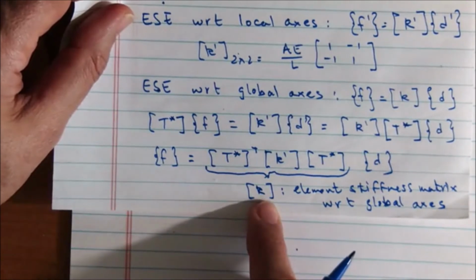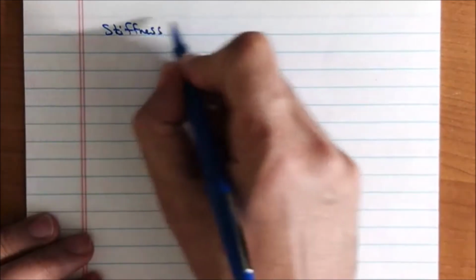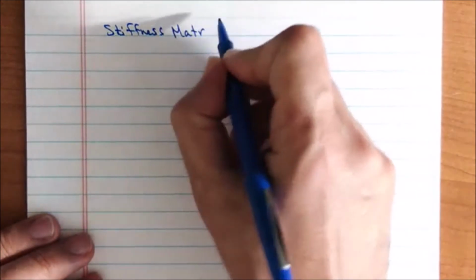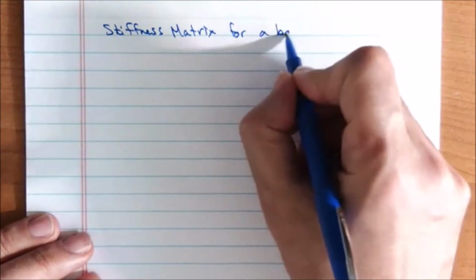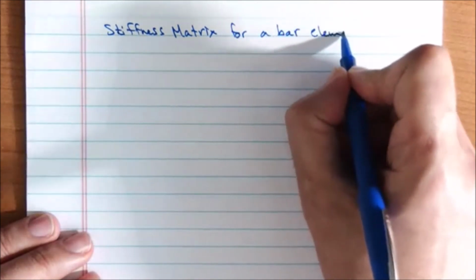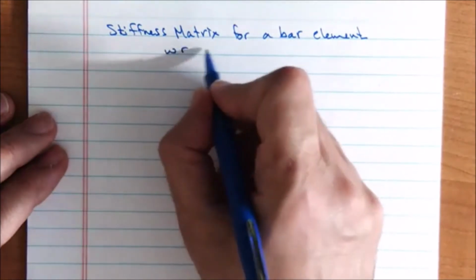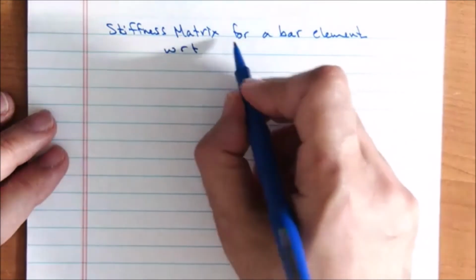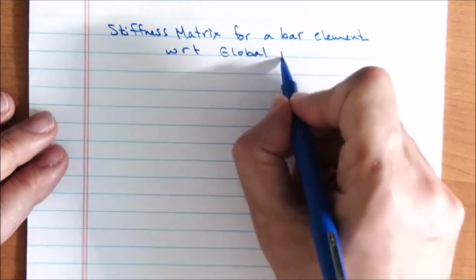Now we want to solve for this K. So we want to find the stiffness matrix for a bar element with respect to global axis.